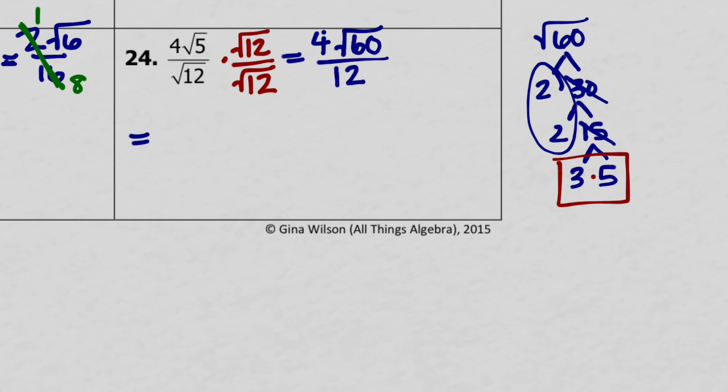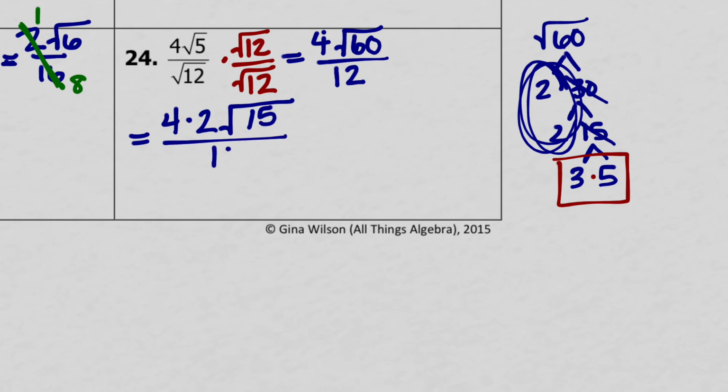So let's rewrite our problem here. I still had a 4 outside of the radical, right here. But square root of 60 turned into a 2 on the outside because I had a pair, so it's times 2. Inside my radical, I have 3 times 5, which is 15. And in the denominator, I had a 12.